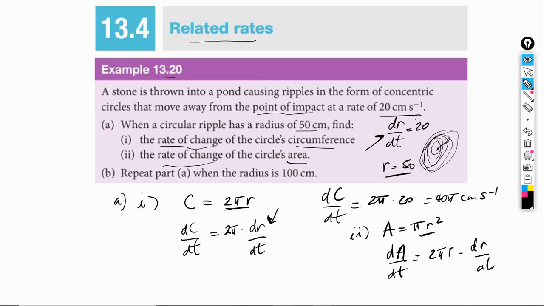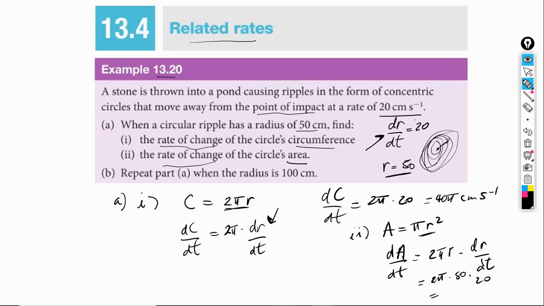Okay, so now all we have to do is plug in the numbers that we already have in order to solve this. We know then that the rate of change of the area is equal to 2 pi times r, which is the radius at that moment, so that would be 50. And this times the rate of change of the radius, which we said was 20.